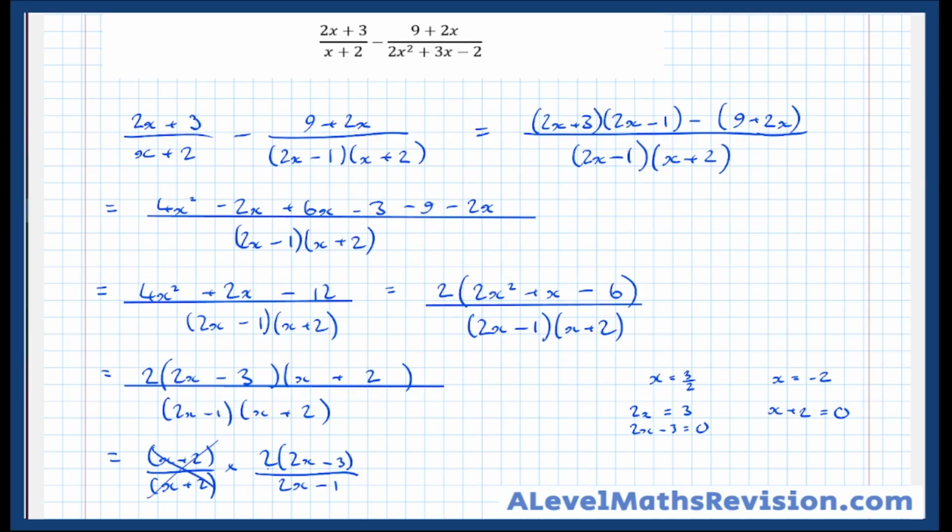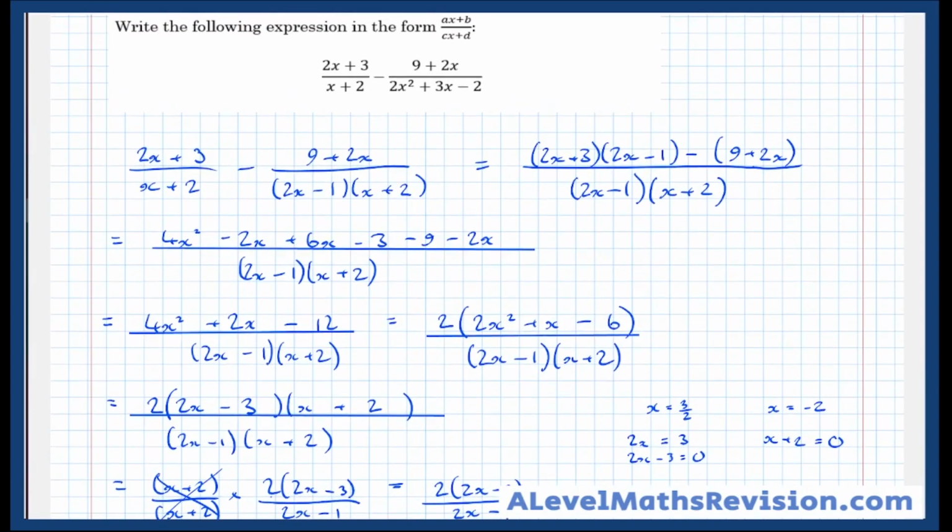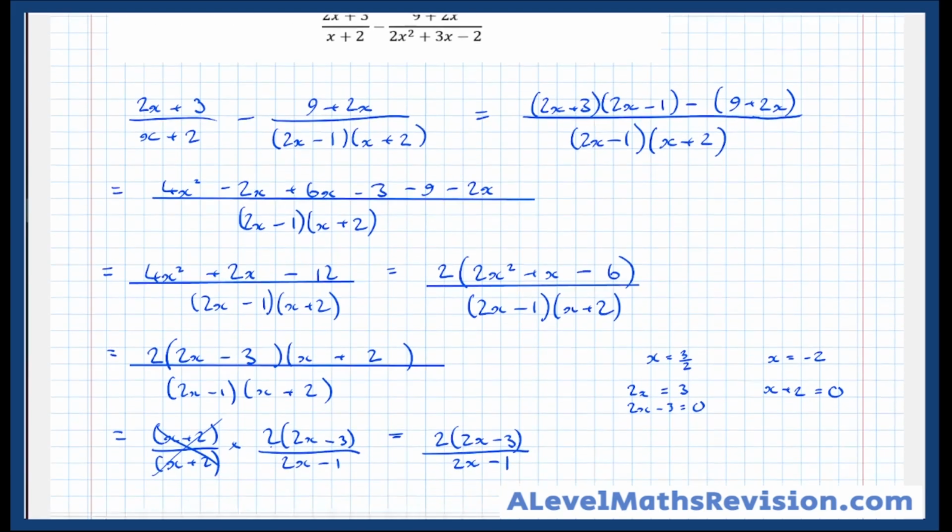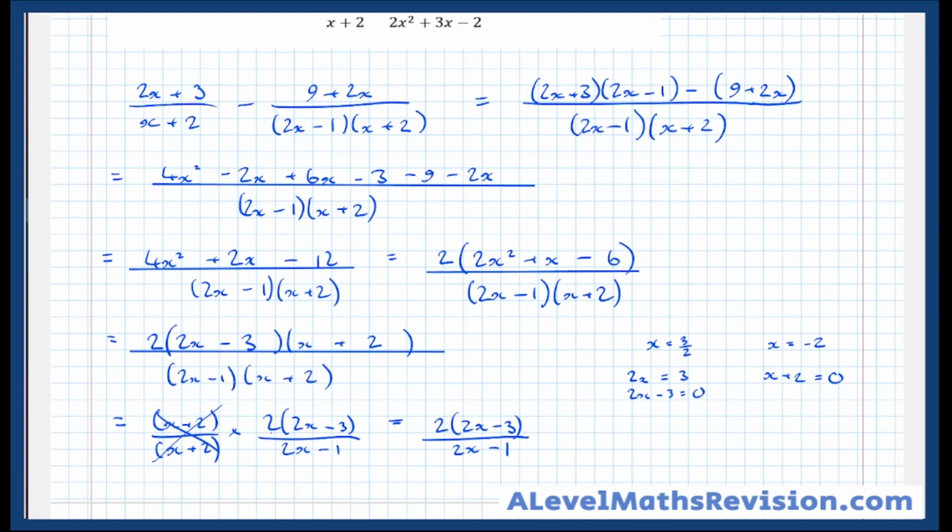That's just 1, so it disappears, leaving us with the answer 2 lots of 2x minus 3, all divided by 2x minus 1. And then just looking at the question, we were specifically asked to have the numerator unfactorised. So let's do that now. Let's expand that bracket and give them the answer exactly the way they want it. So equals 4x minus 6 over 2x minus 1. And there it is there, done.